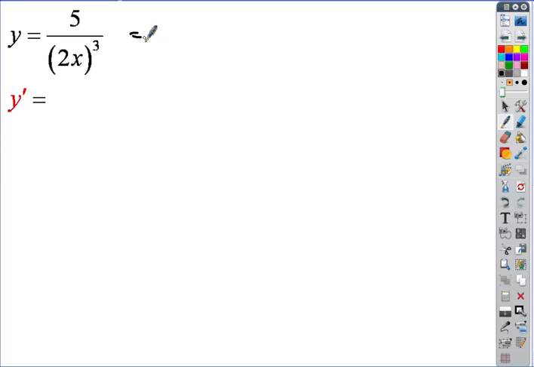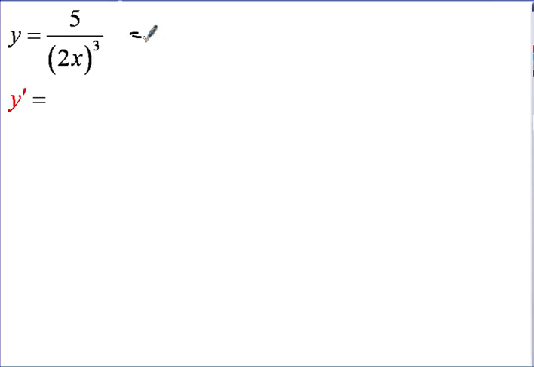Okay, what's that going to look like? What do I do with that quantity 2x cubed on the bottom? Expand it out. What we're asking here is, if I have a product to a power, what's the rule that applies?